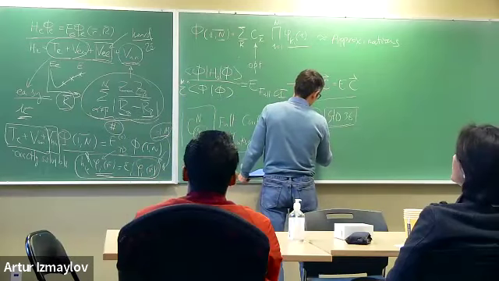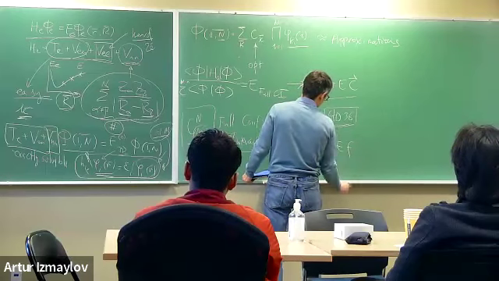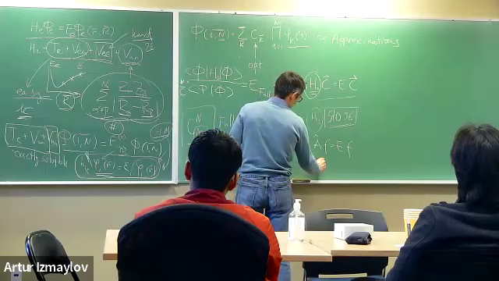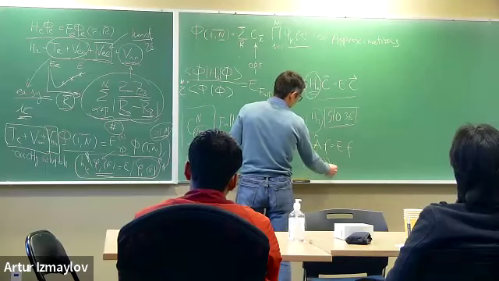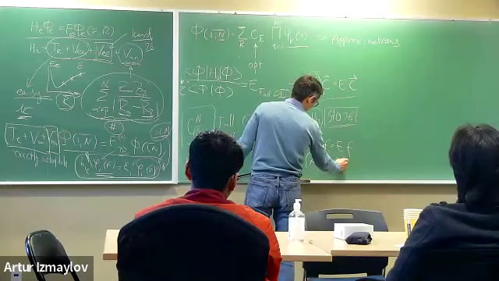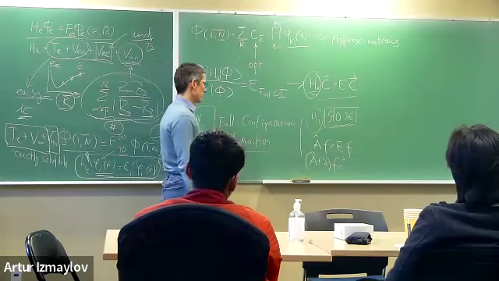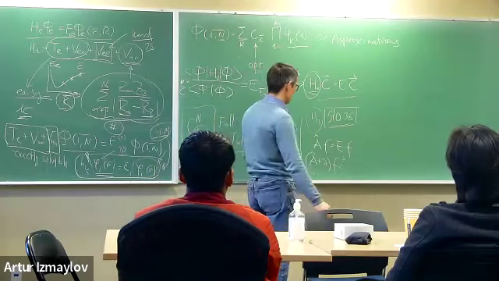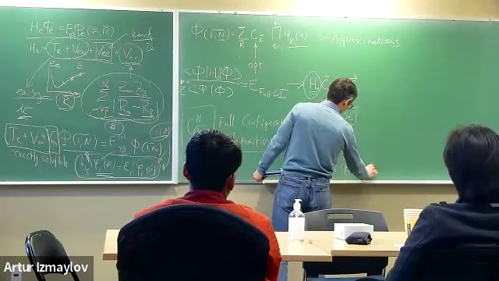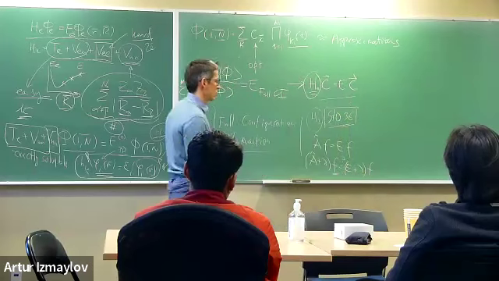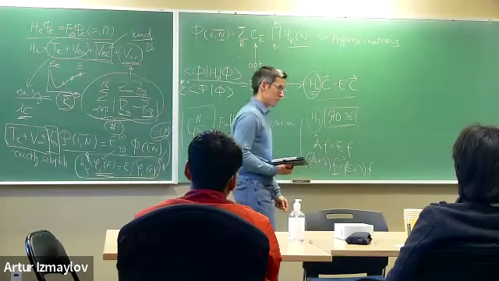If you have an operator and a function and you know the solution, what will be the solution for the problem where we add a constant? Same solution. So we don't need to look for the function again, and the eigenvalues will be just shifted by that constant.